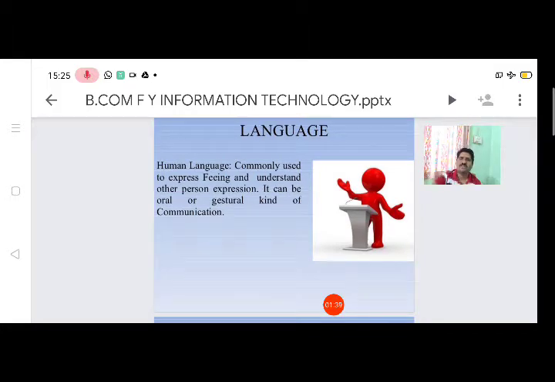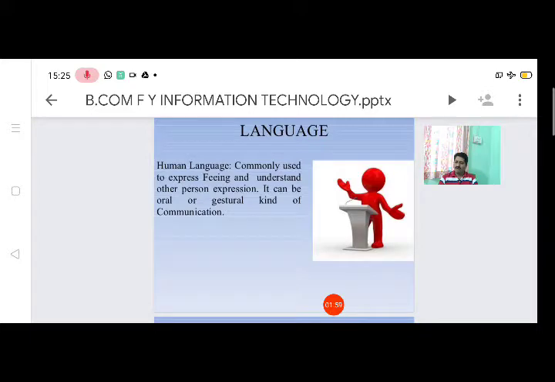First, what is language? Language is the main medium of communicating between computer systems, and the most common are the programming languages.